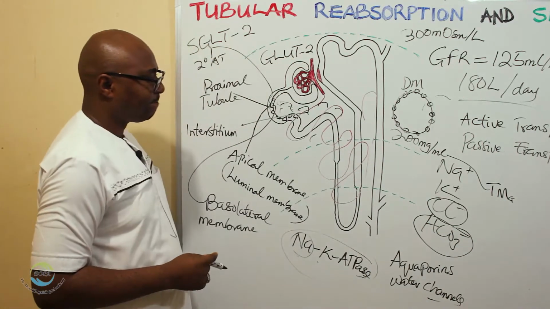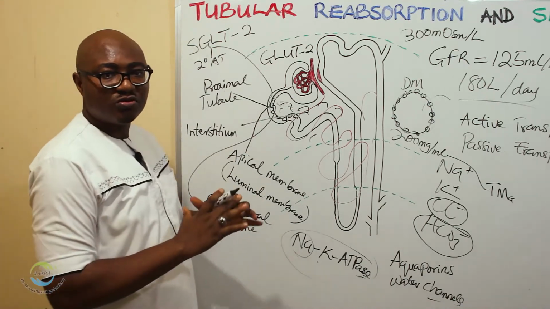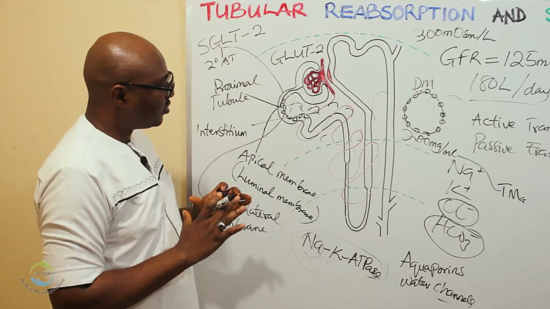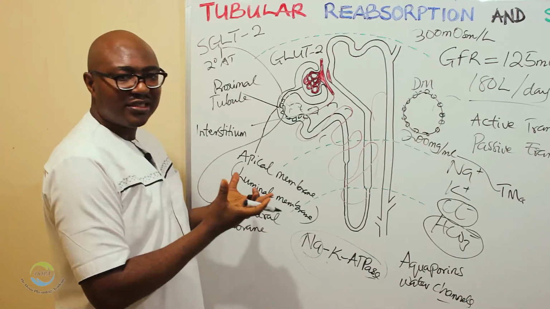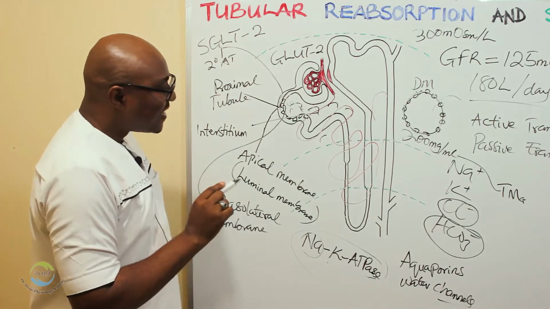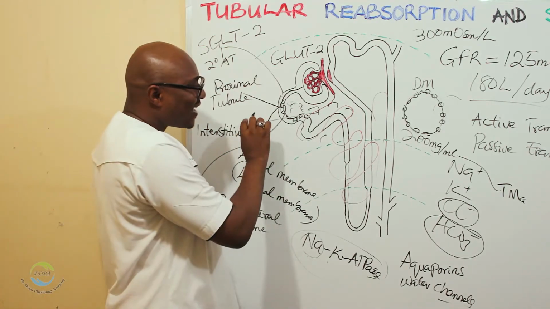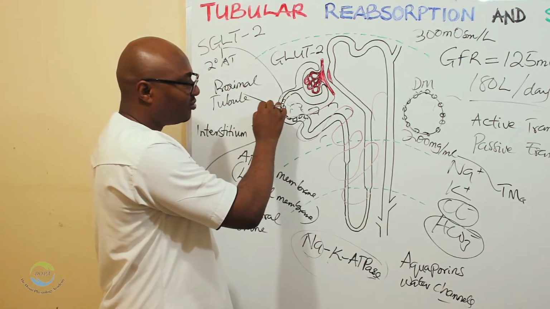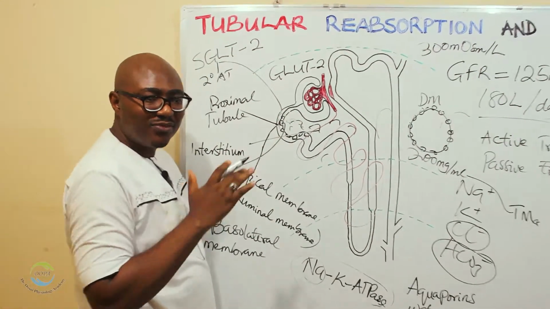Okay, so what else? Bicarbonate. Bicarbonate is also very important and needs to go back into the blood. How is it reabsorbed? Very specially. Now, bicarbonate cannot cross the cell directly, but it is needed.